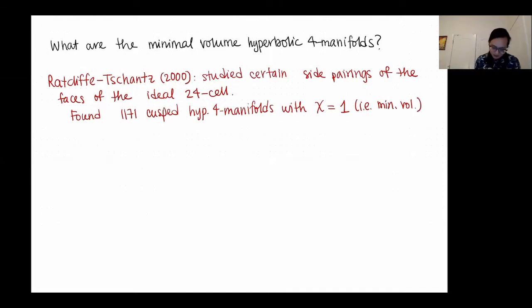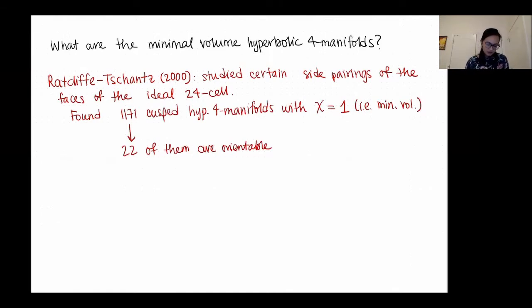Okay, but out of this 1,171, which is quite chunky, 22 of them are orientable. So all of the other ones are non-orientable, so they're not ones that we're caring about in this conjecture.